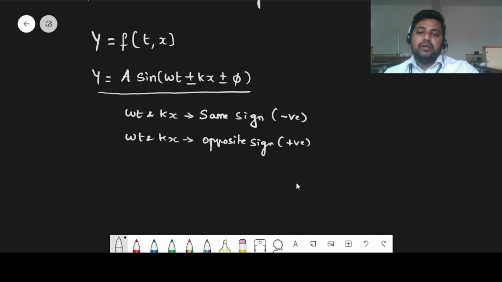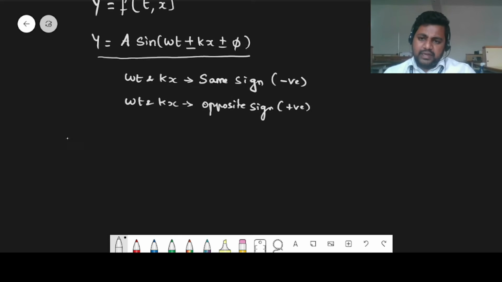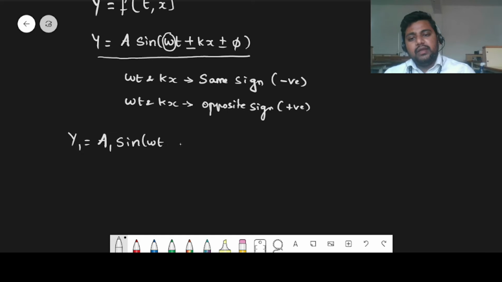Now let's say we are taking two different equations. It is necessary that the frequency is the same. The amplitude need not be the same; amplitudes can be different, but there should be no big change in the amplitudes. So we can take y1 as a1 sin(omega t minus k x1), where x1 is the position.